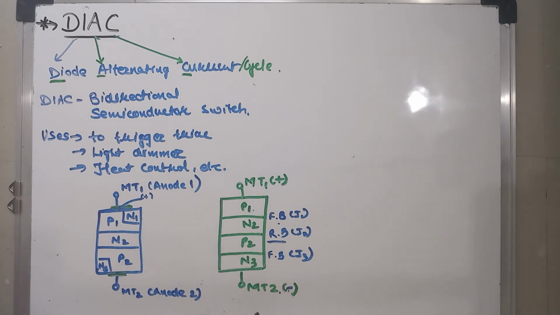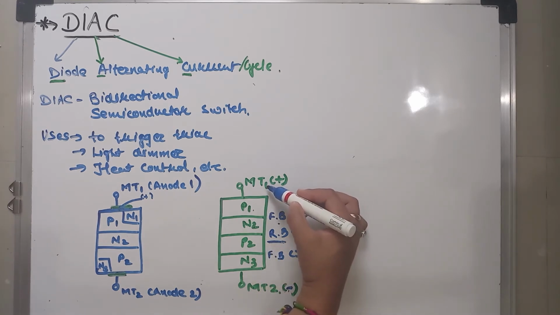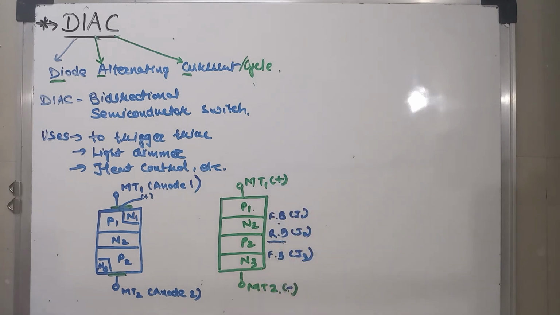Now when the externally applied voltage exceeds the breakover voltage, what will happen? Your reverse biased junction J2 breaks down, meaning there is an avalanche breakdown of the reverse biased junction J2, and at that time current starts to flow. What is the direction of current flowing?